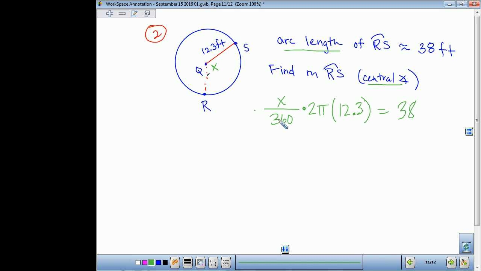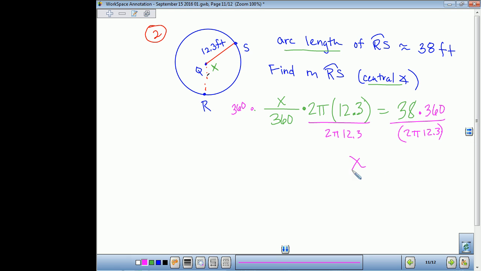Let's solve for it. So to solve for it, we got to get the 360 out of the denominator. So we'll multiply by 360. And then we need to divide by 2 pi 12.3. Your calculator does exactly what you tell it to. So because you want it to divide by all of that, you have to tell it to divide by all of that by inserting the parentheses around the denominator.